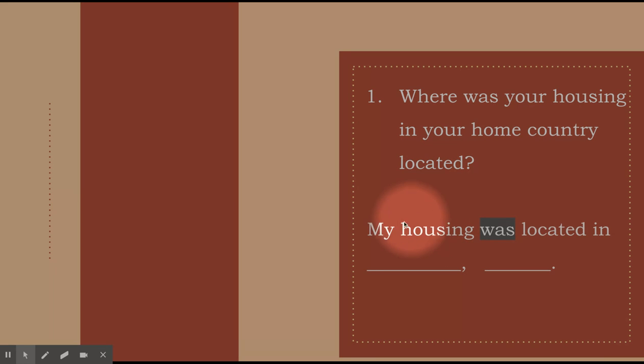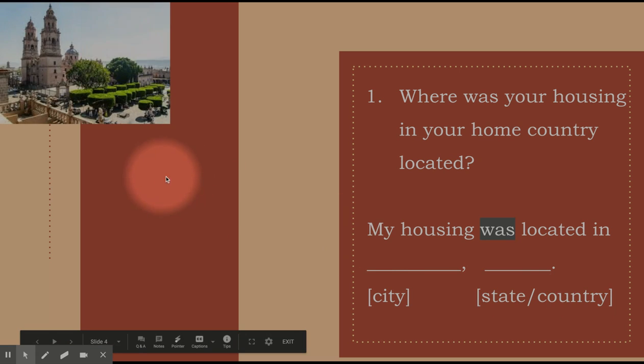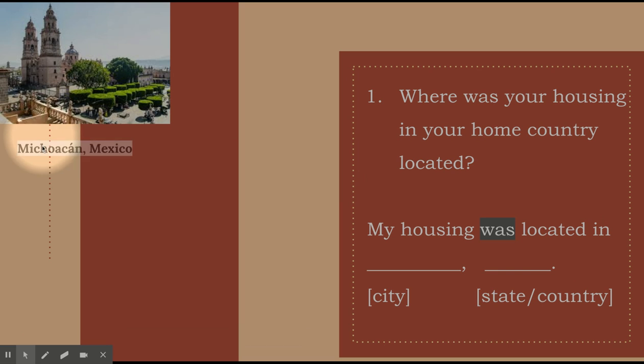For example, my housing was, again past tense, my housing was located in, and when you answer this question, you want to first say the city and then you put a comma and you add the state or the country. For example, my housing was located in Michoacán, Mexico.